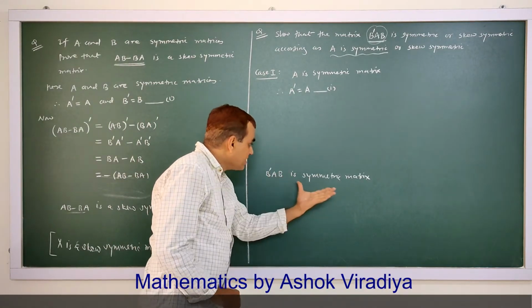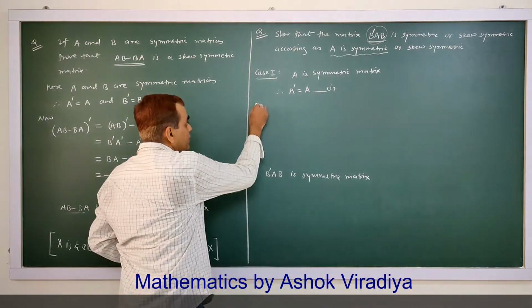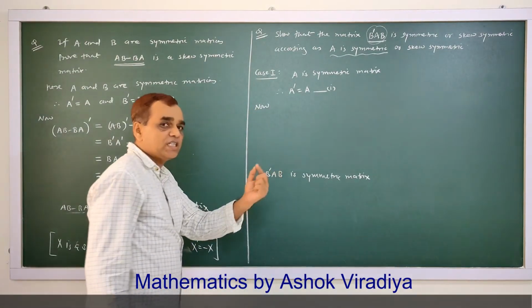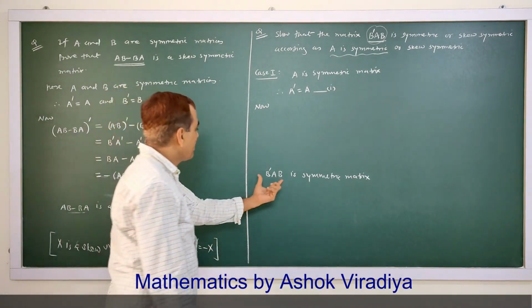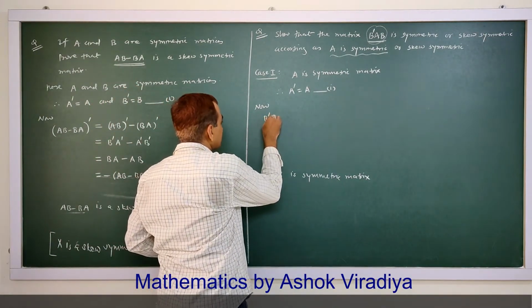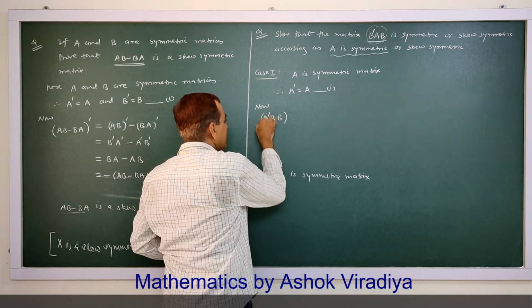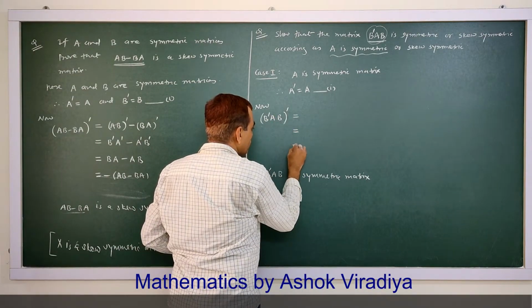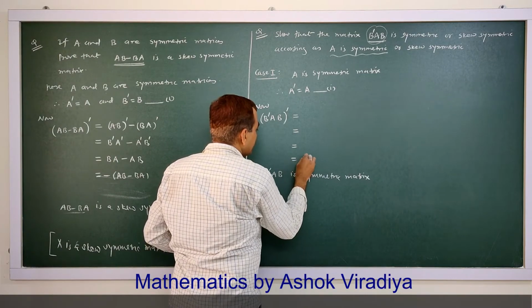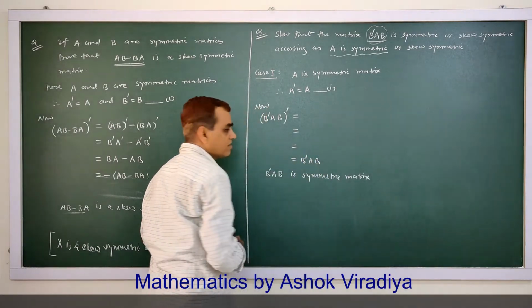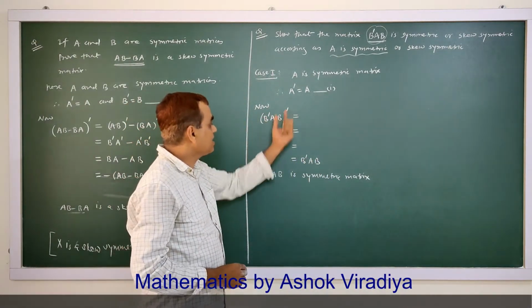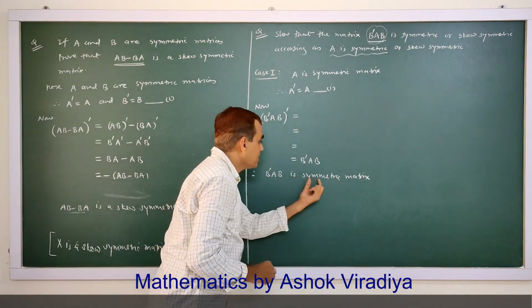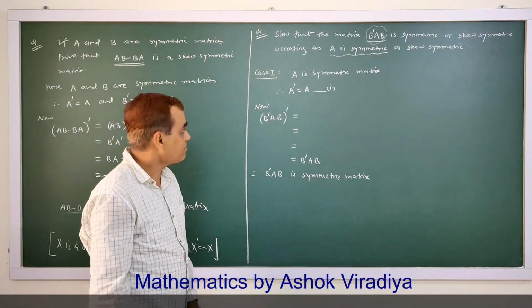To show that it is symmetric, we show that its transpose is equal to the matrix itself. If x dash is equal to x, then x is a symmetric matrix.